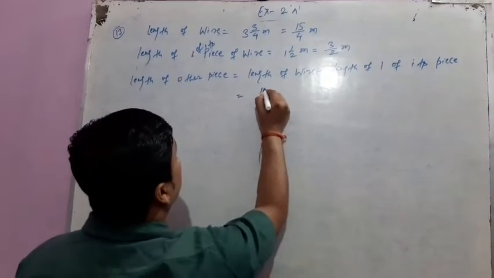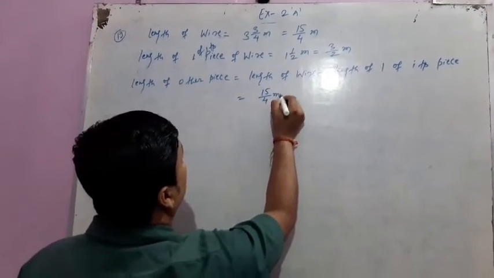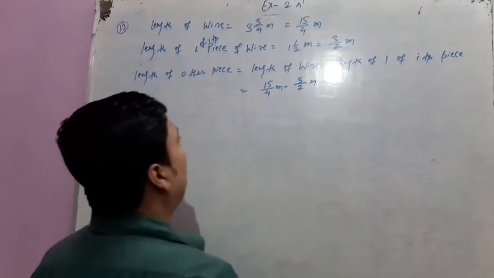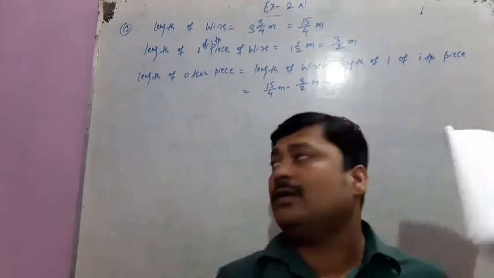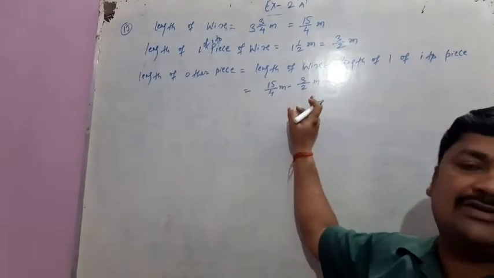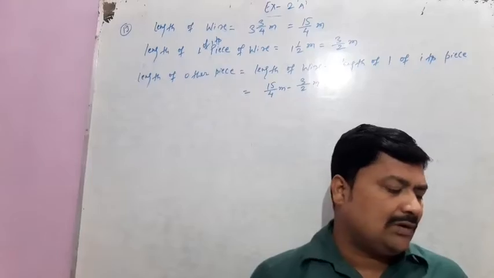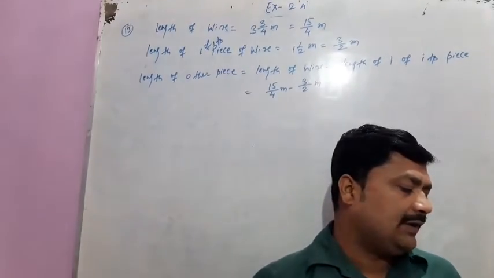The total length of wire is 15 by 4 meter and the length of one of its pieces is 3 by 2 meter. Now here you have to subtract both of the fractions to find the answer.